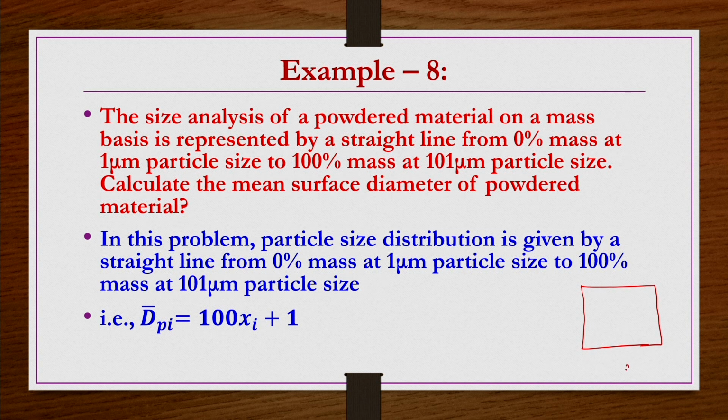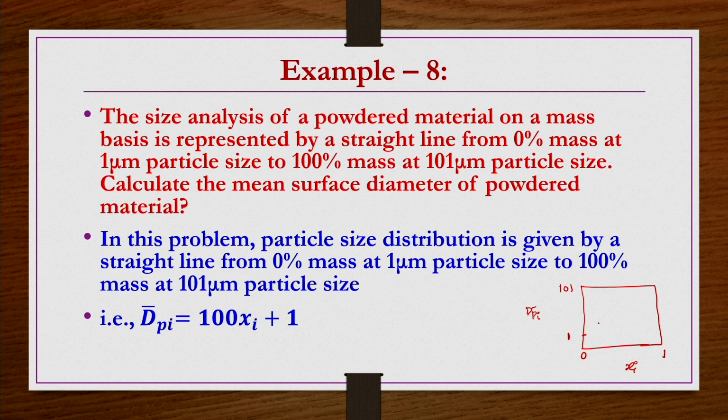Let us say this is xi, it is 0, and this is d̄pi. When the mass fraction is 0, d̄pi is 1, and when the mass fraction is 100, d̄pi is 101.